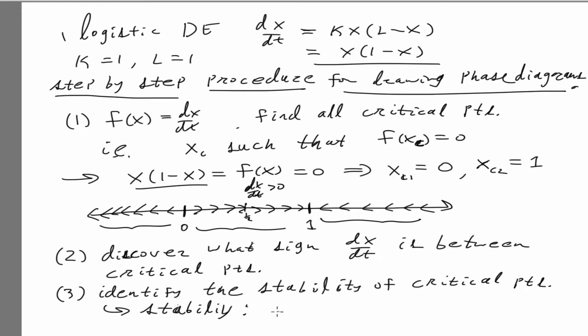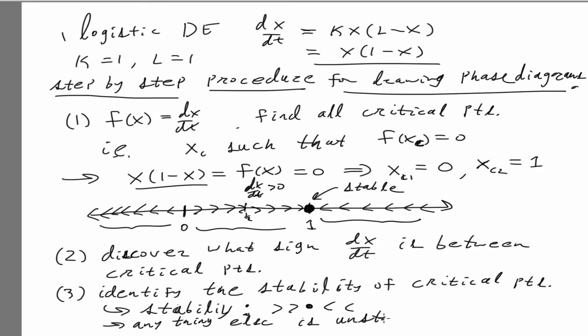What it means is that stability occurs when arrows point in to a point of interest, like that. So of course we're going to call that point stable, and I'm going to use a solid dot there to indicate that. Anything else is unstable, so we'll put an open circle there.